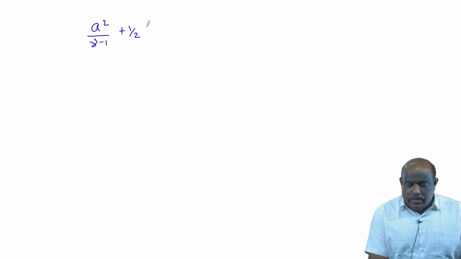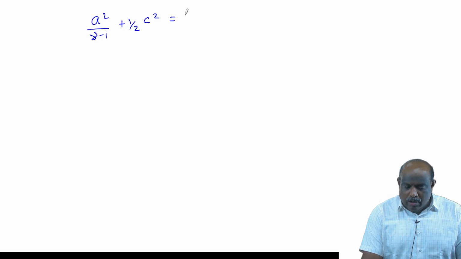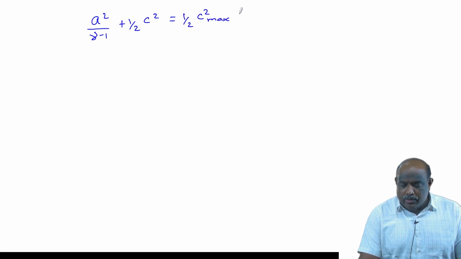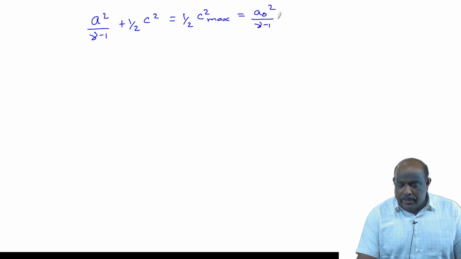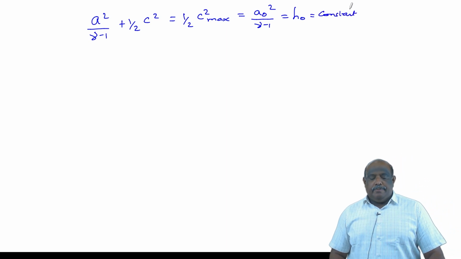So we have this equation: A squared by gamma minus 1 plus half C squared is equal to half C squared max equal to A naught squared by gamma minus 1 equal to H naught, all are equal to a constant because H naught is a constant.